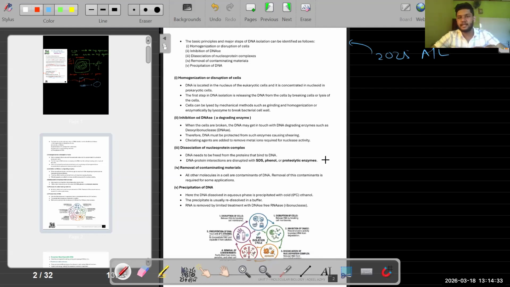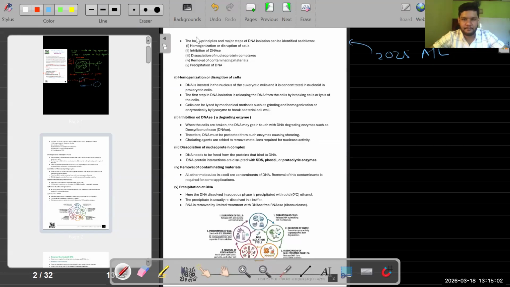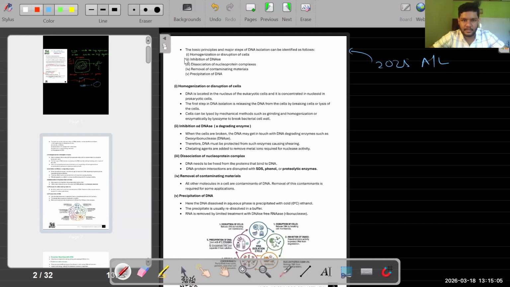I'm not trying to tell you that this will be asked again in your batch 2026, but they can ask this in a structured way, right? It's a very, very easy part. So these are the steps. DNA isolation can be done in these steps. First one, homogenization. Now, I will explain what these steps are.